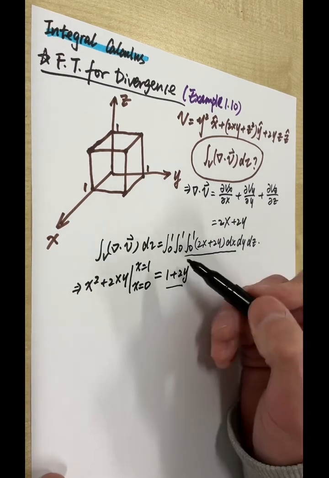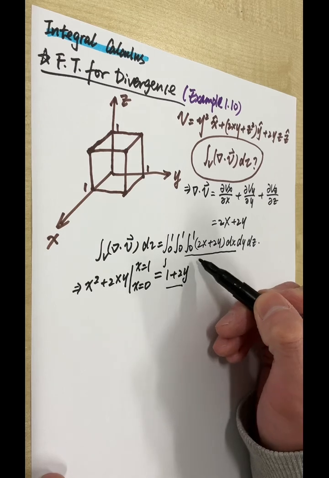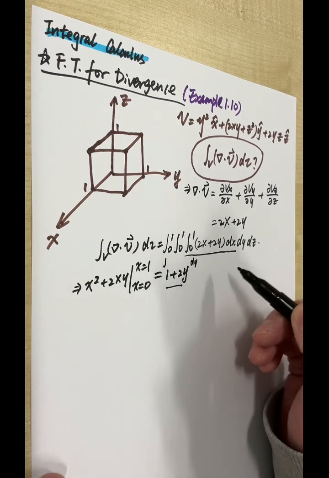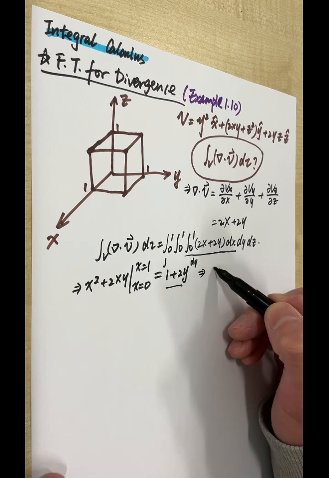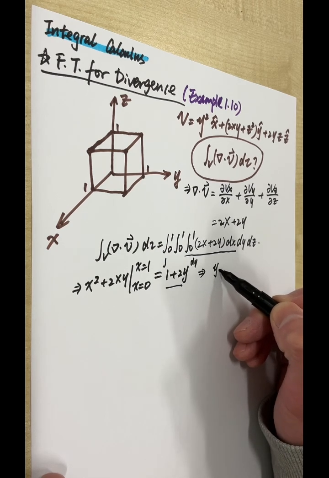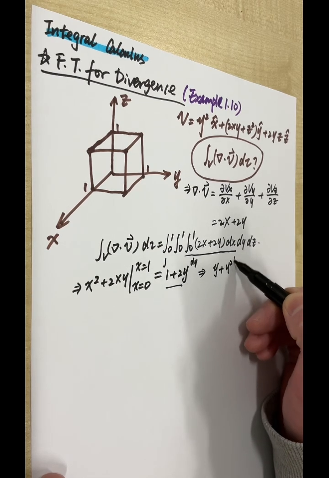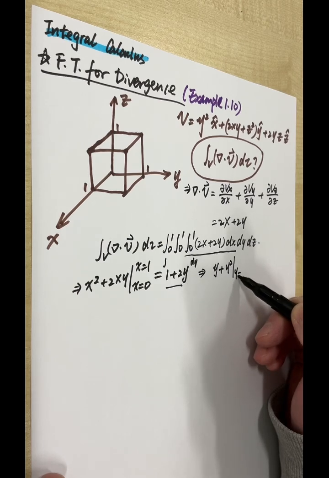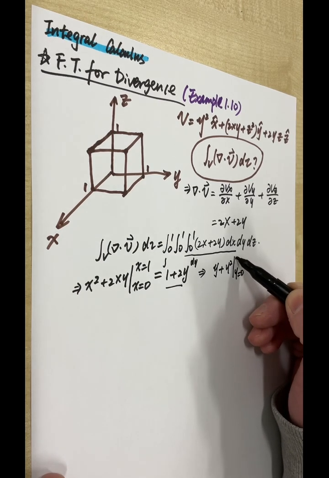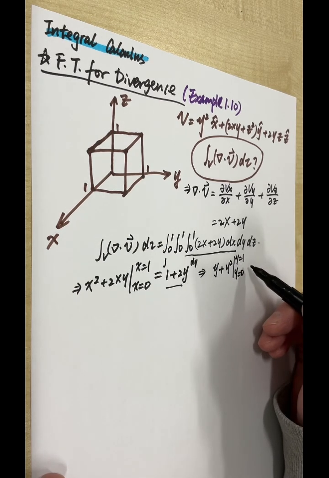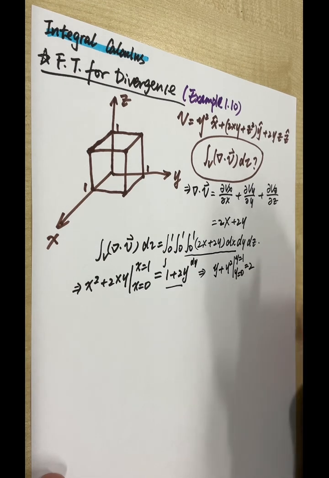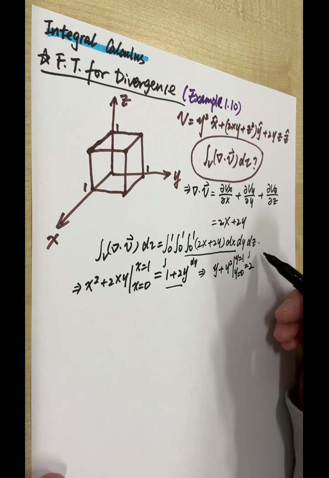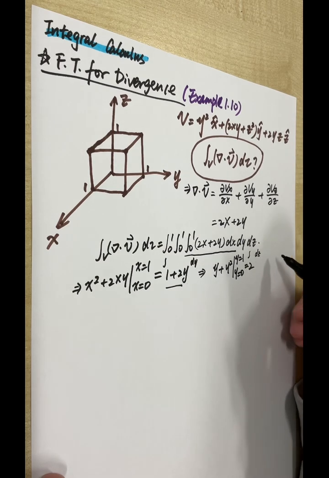And the second step, we do integral on this for dy. So this would give us y plus y squared, where y is from 0 to 1. So now we have 2. So the third step is we do integral of this for dz.